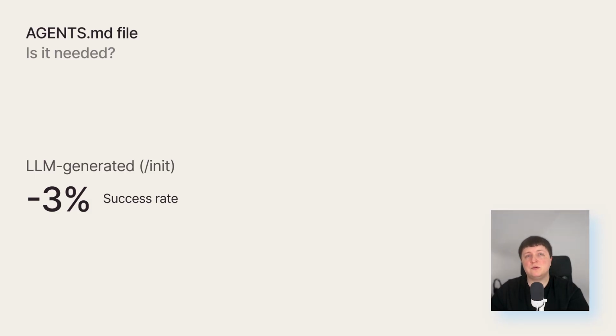If you use an LLM-generated agents.md file, so if you run the /init command, it usually decreases your test success rate by 3%. If you use a handwritten, human-written agents.md file, it increases the test pass rate by 4%. In any case, having such guidelines as agents.md increases the cost by 20%.